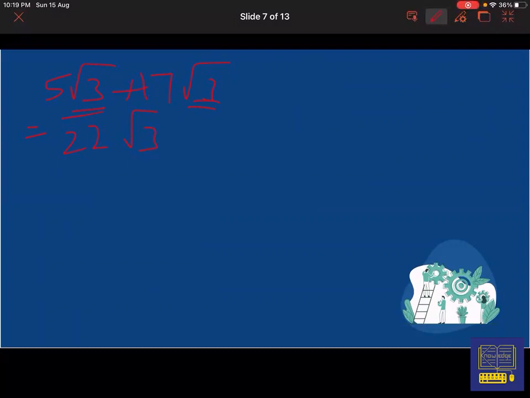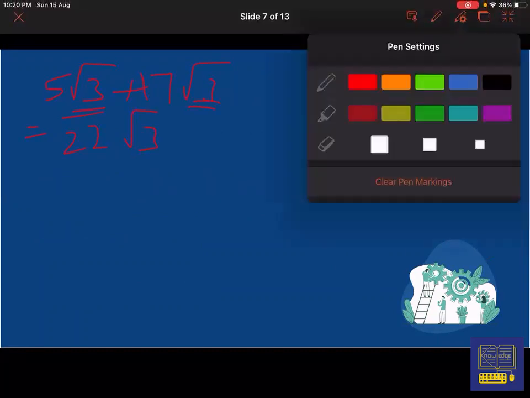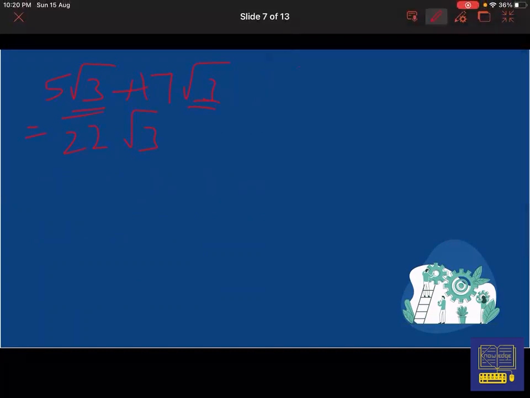And looking at the second example, which is 45 root 6 minus 3 root 216. Over here, because these are not similar, and since 216 is a large number, we're going to factorize it to see if they're similar.